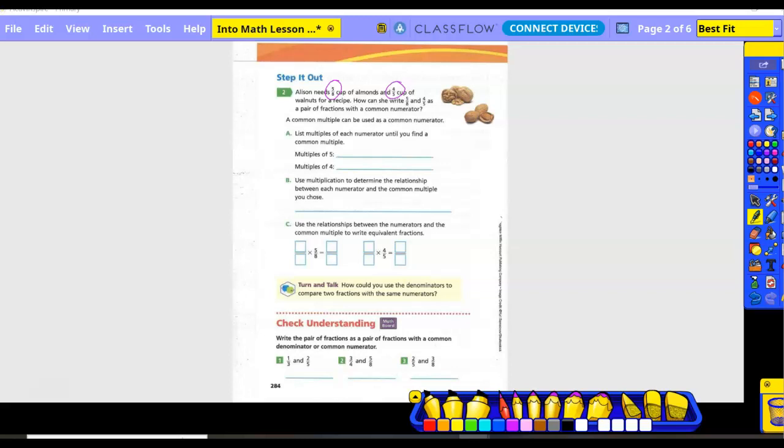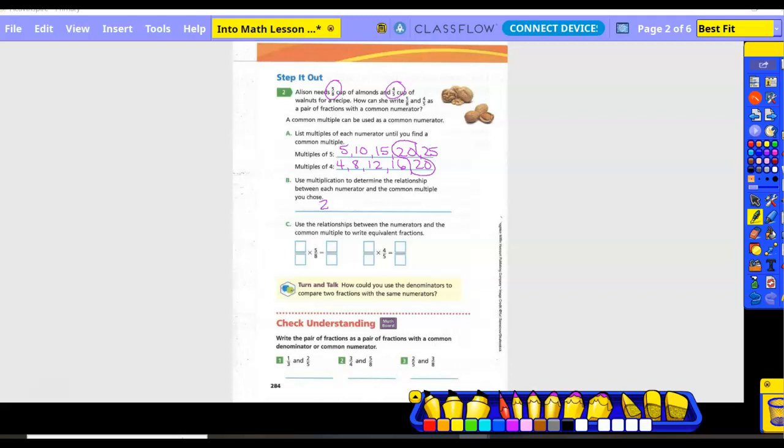So multiples of 5. What are the first 5? 5, 10, 15, 20, 25. Okay. What are the first 5 of 4? 4, 8, 12, 16, and 20. What do you see in common? 20. Okay.